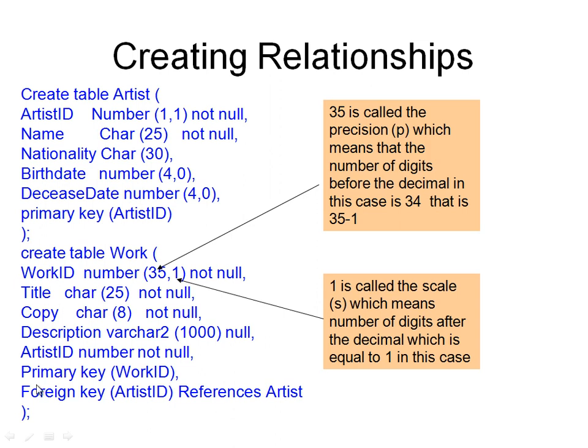All we did to relate these two tables together is to add the foreign key statement or constraint as artist ID, referencing the main table, the artist table, as a reference for that column. That will make a connection between these two tables.